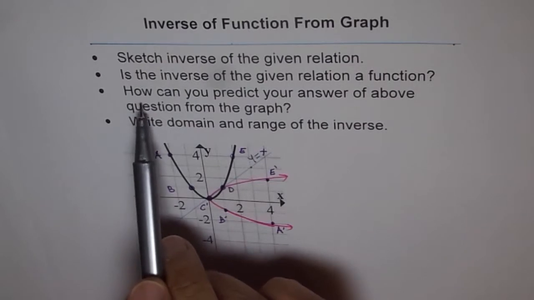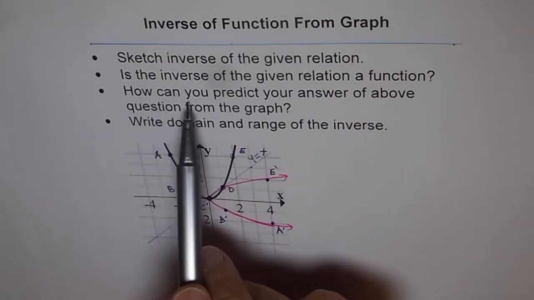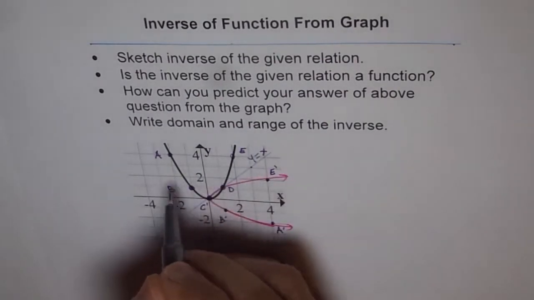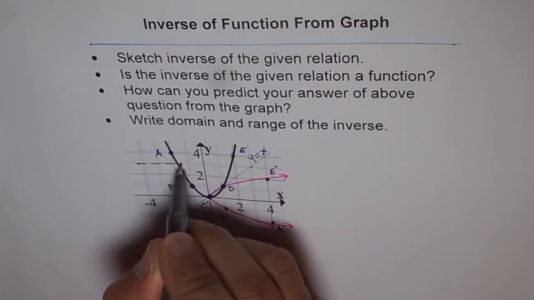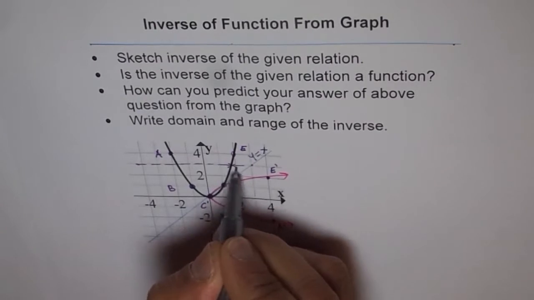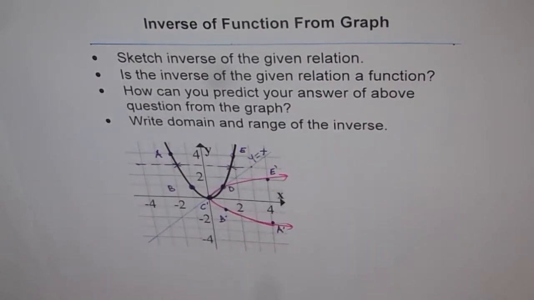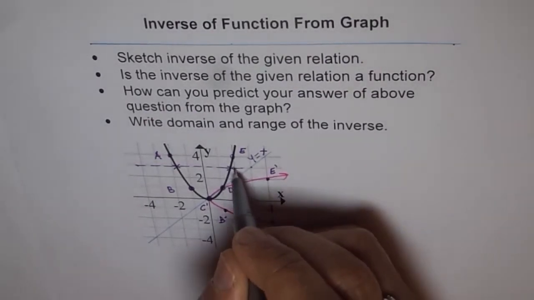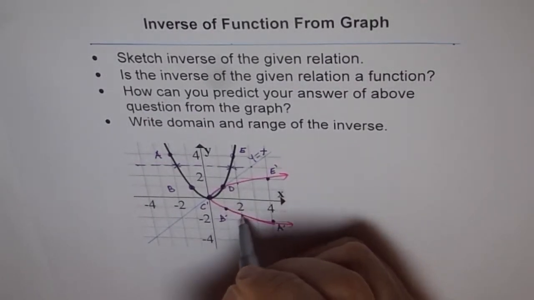So the third part is, how can you predict your answer of the above question from the graph? So in the graph, if you draw a horizontal line, you'll see that the horizontal line crosses at 2 points. That means more than 1 point, right? So when you find the inverse of this function, then a vertical line will also cross at 2 points.